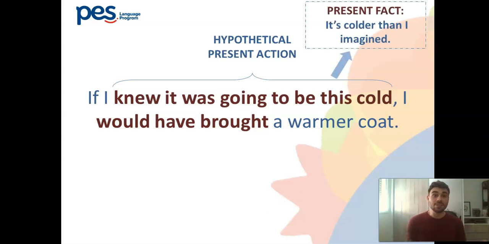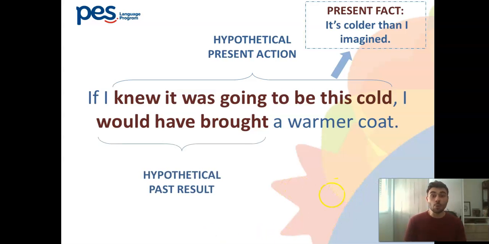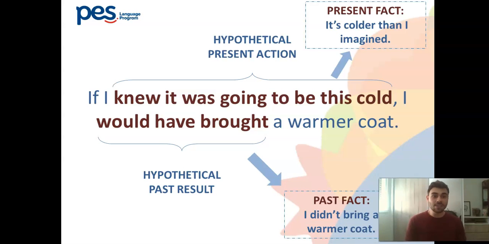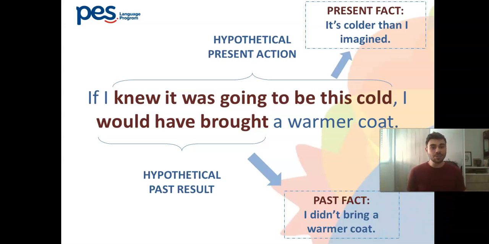Why? Because the present fact is it's colder than I imagined, a situation that I couldn't know. And the hypothetical past result is would have brought, because the past fact is I didn't bring a warmer coat.